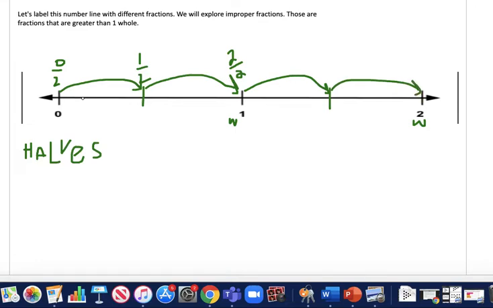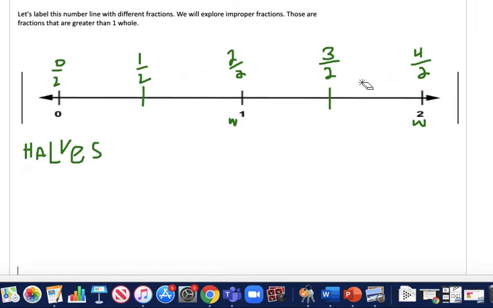So if I was to continue to count, let's start from 0. 0 halves, 1 half, 2 halves, and another jump would be 3 halves. One more jump will be 4 halves, which we see is equivalent to 2 wholes. I'll keep those up, but I'll just erase the jumps that we did. So we have our halves.